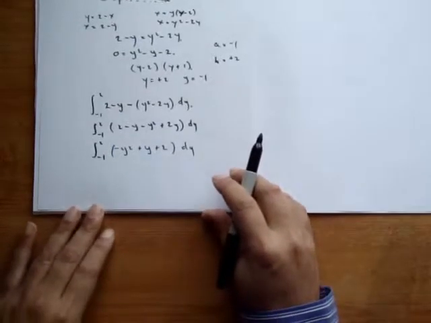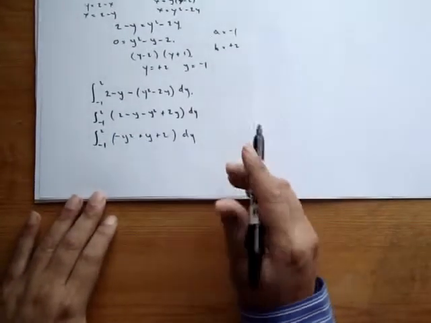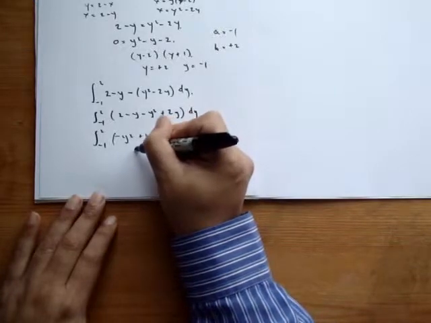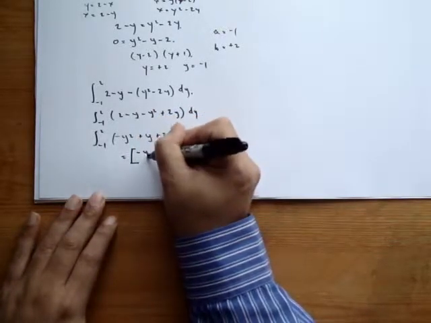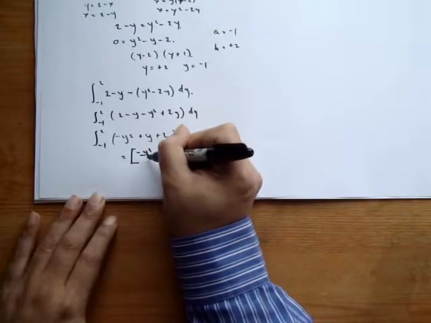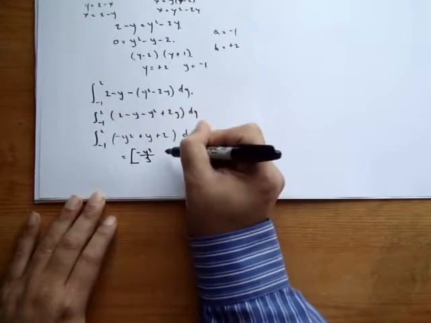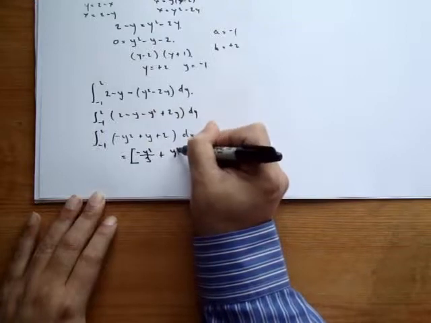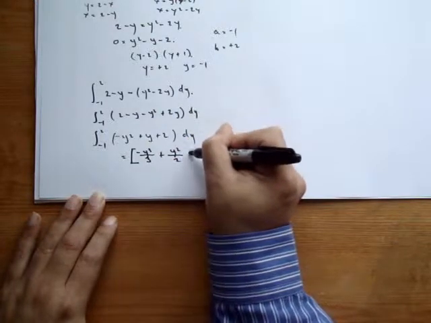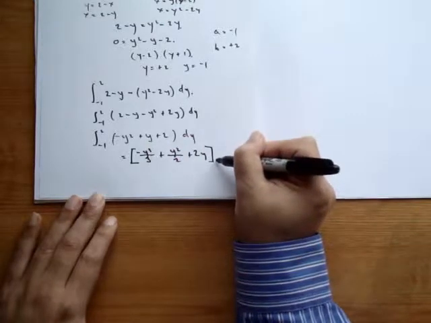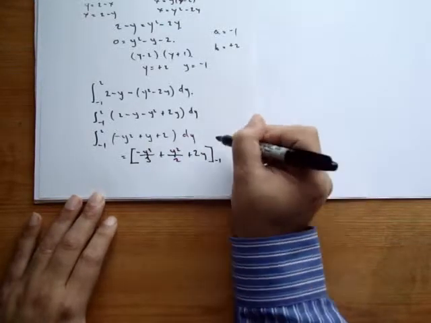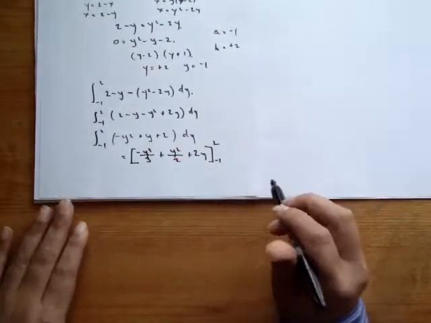And then when we do the integral, we get minus y cubed over 3, plus y squared over 2, plus 2y, between the limits minus 1 to 2.